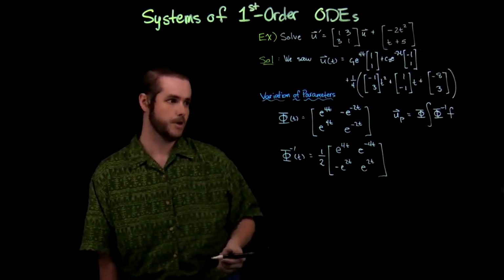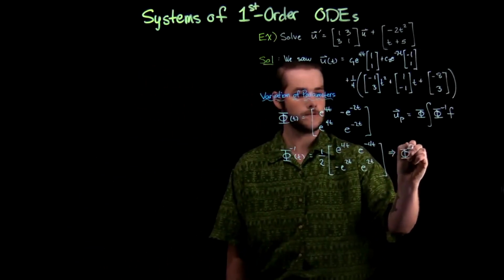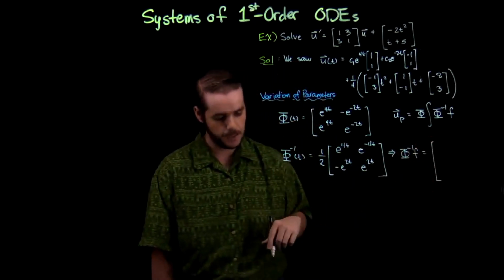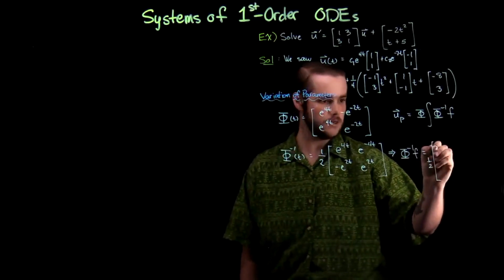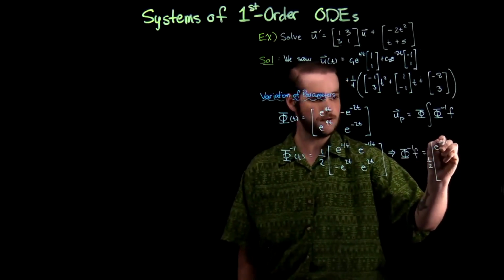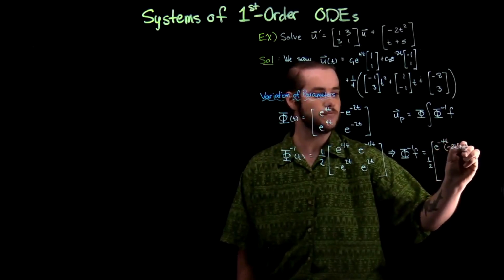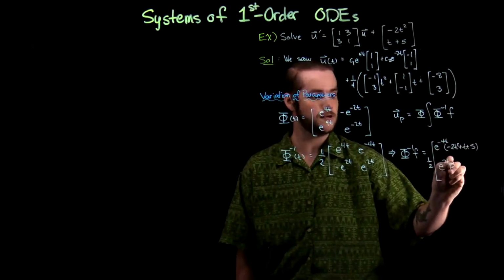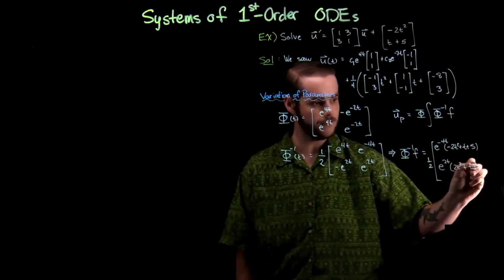Now, when I multiply that by f, I should have a 2 by 1, and I get 1/2 times e to the negative 4t times the polynomial negative 2t squared plus t plus 5, and e to the 2t squared plus t plus 5.